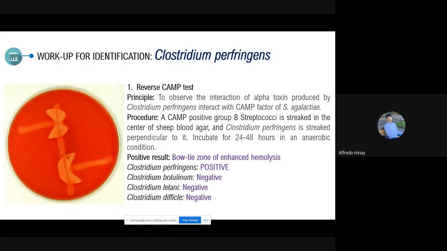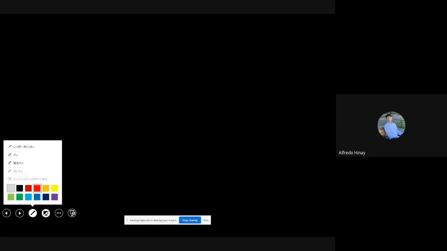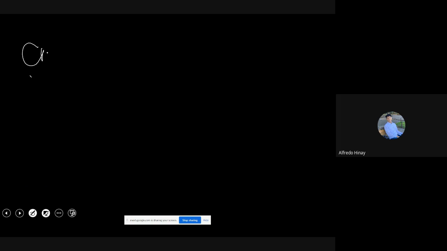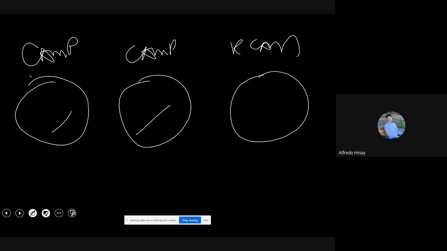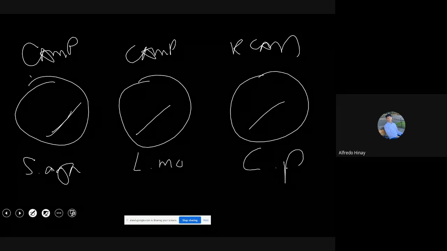Okay. So, tatlong CAMP na yung nakita natin, class. So, again, para hindi makalimutan, balik na naman natin, class. You have your CAMP here. Kasi very important to, class. Then you have your S. aga, Listeria mono, and Clostridium perfringens.